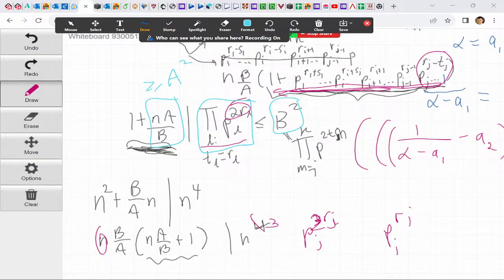But then how do you cancel n? The n is just a factor. Once you cancel it, do you even get an integer? Oh no, you get this thing. Once you cancel the n, you get n plus b over a, and then b over a is not... wait, n over b over a.